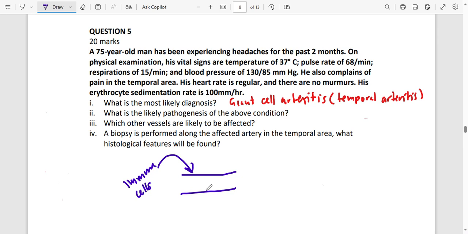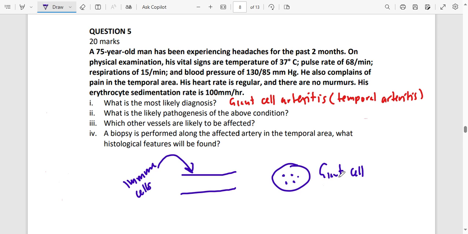The second thing that happens is that there's going to be formation of a granuloma. And how does that happen? The same cells that went to the site, the T cells, the B cells, these are going to start clustering together, joining together, and then they appear as just one big cell with a lot of nuclei. So a multinucleated cell, and that's what we call a giant cell.